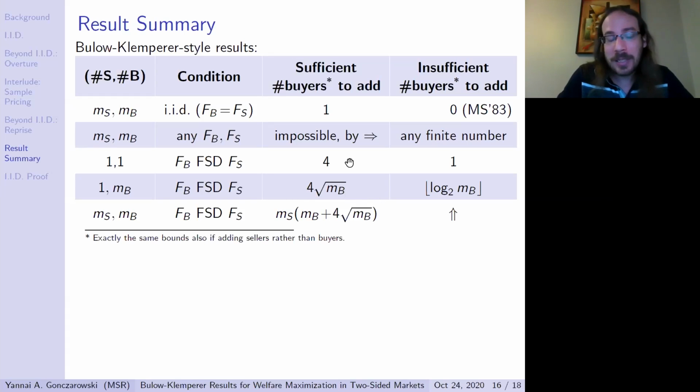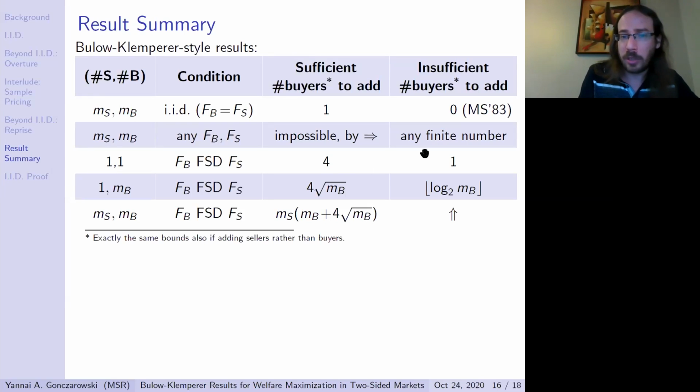So I agree, it's not as satisfying as it could have been. Still, I agree that BK is beautiful, that even with a large market you can add 1, but the strength of BK with a large market is that you're super close to opt as it is. So in some sense, the interesting case that gets you not a small fractional improvement but a huge improvement is when you add 1 to 1.